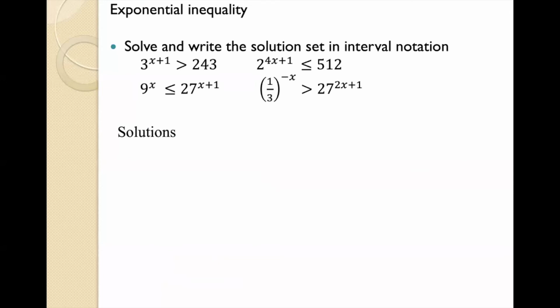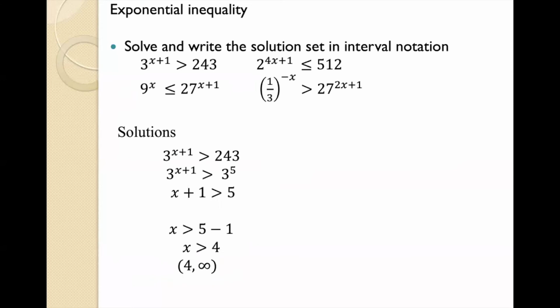As well as for exponential inequality, if the base you are using is between 0 and 1, you have to reverse also the inequality symbol. Let me deal on that one in detail with the given example.